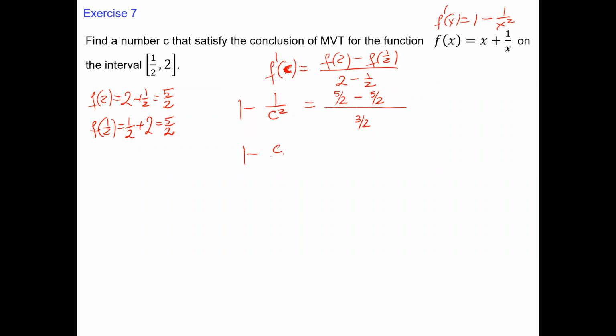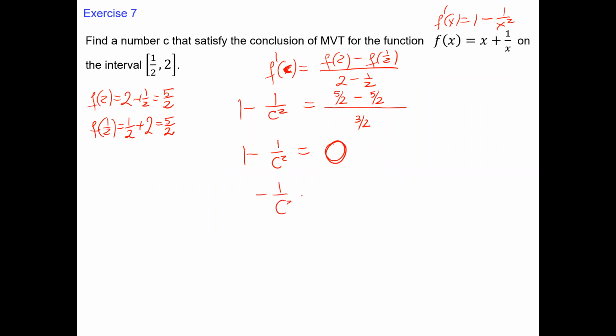What's happened is we actually have Rolle's theorem, because the average rate of change between A and B is 0. We're getting the same values for 1/2 and 2. It's fine. This is still the mean value theorem. Doesn't matter.